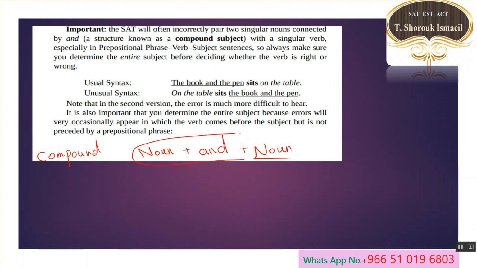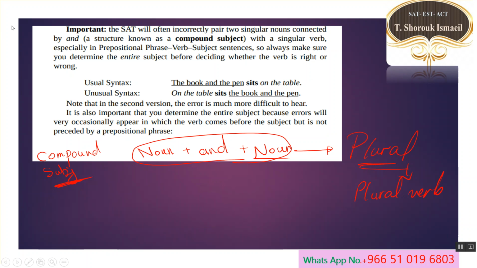So this is called compound subject. A compound subject here is actually dealt with as being plural. So this one is plural, not singular. So it needs a plural verb.